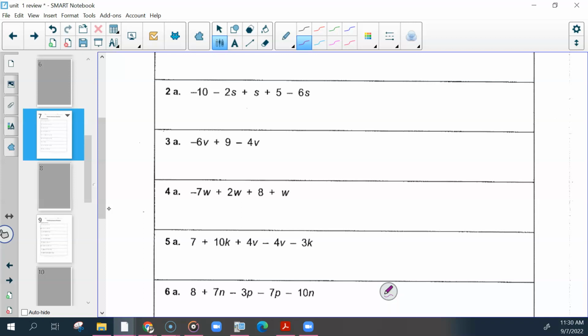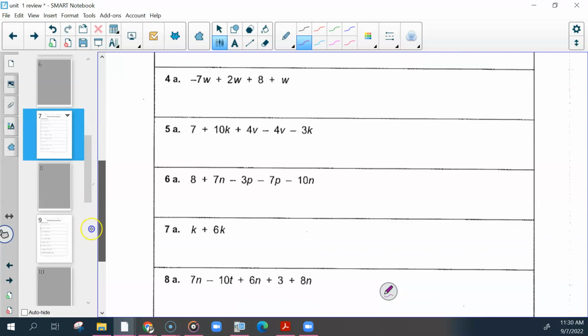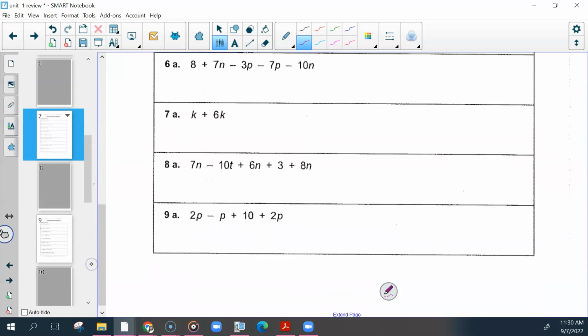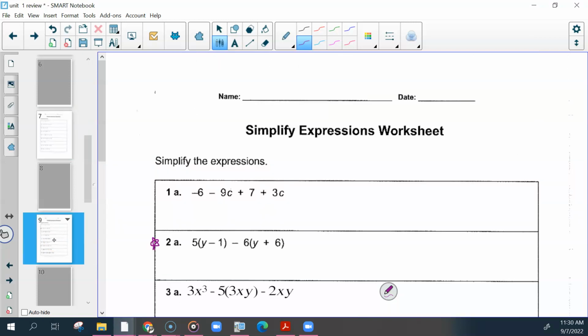Or have questions about? Lily? Are these like combining like terms? Yep, this is your simplifying combining terms. Okay. The next page is similar, but these get a little bit more complex. Now we're distributing, we have negatives, we have fractions. Any of those we want to see or go over? Lily? 9.